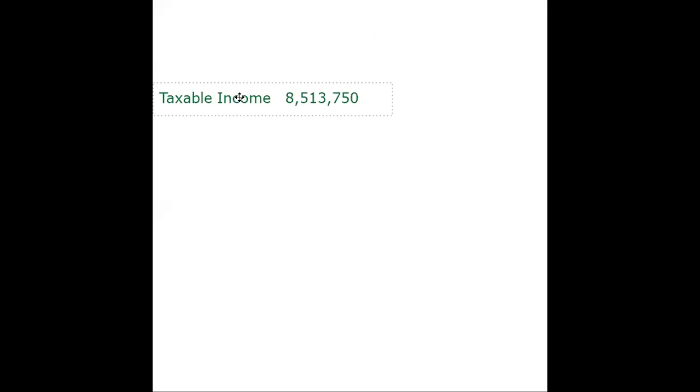Then the taxable income, we now know, is 8.5 million, 8,513,750. Right? Then what you need to do is divide this into two periods.